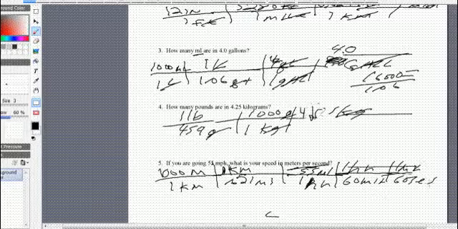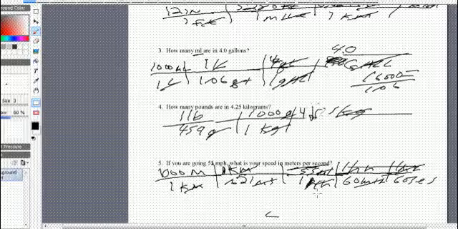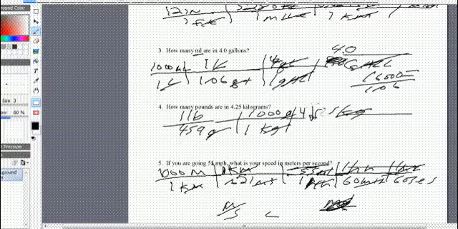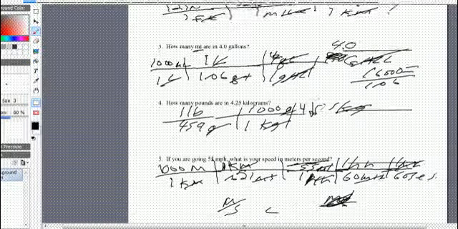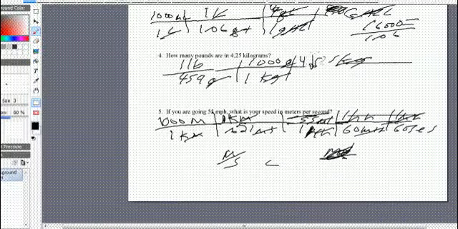Now if you cancel, you're left with miles over what? You're left with meters per second. You can do the calculations. Take a pause.